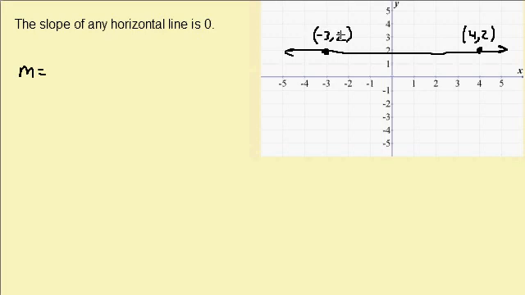Okay, so we got x1, y1, x2, y2. So that's going to be y2 minus y1 over x2 minus x1. So that would give us 0 over 7, which is 0. And there's the slope, 0.